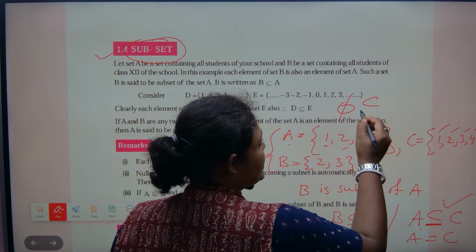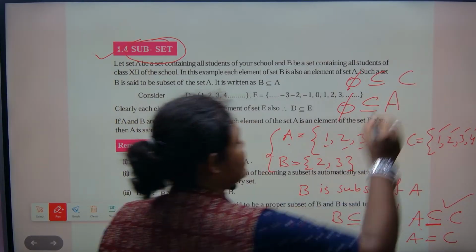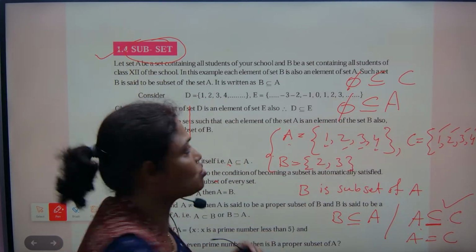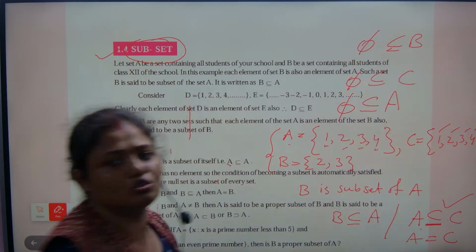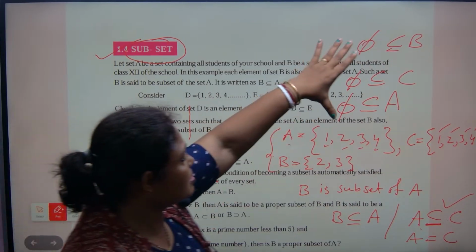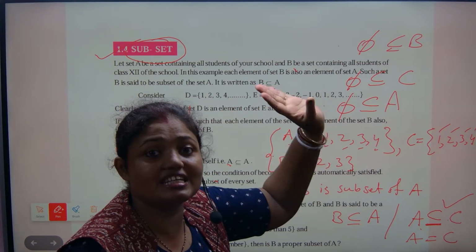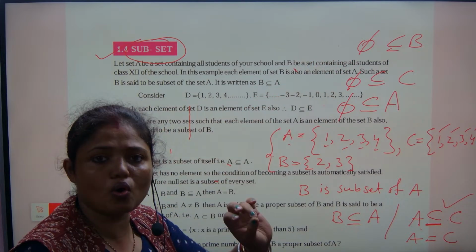This is a subset of all sets. Phi is a subset of C also. Phi is a subset of A also. Phi is a subset of B also. So this is very important. Phi is a subset of any set, because phi contains no element.